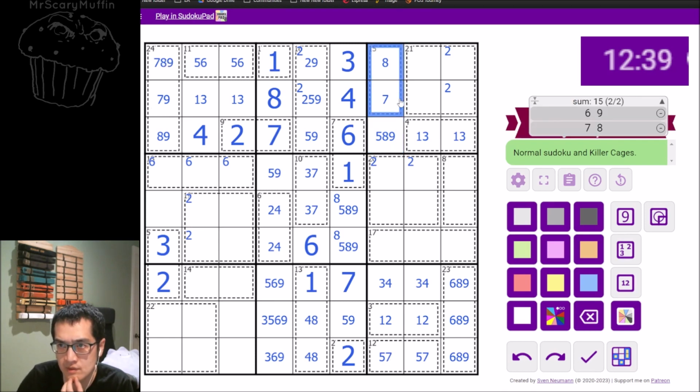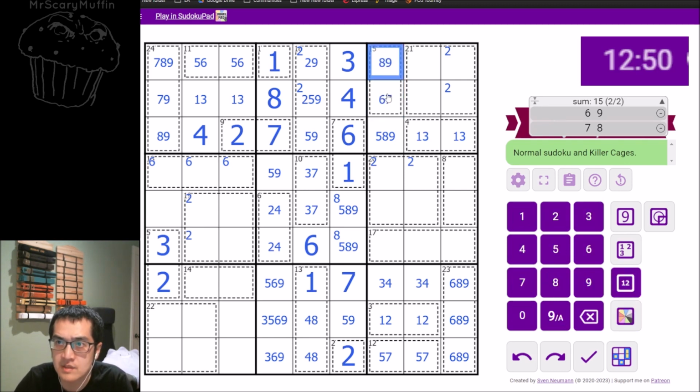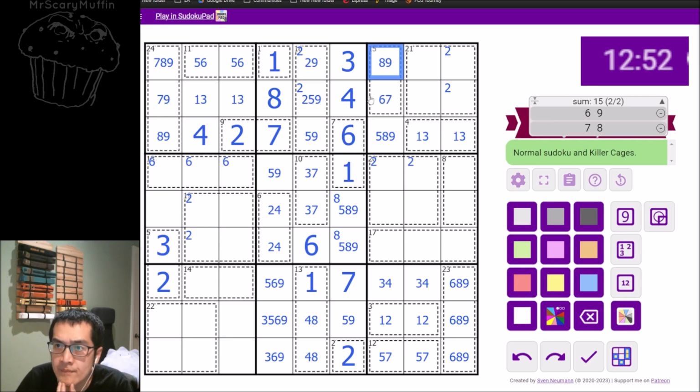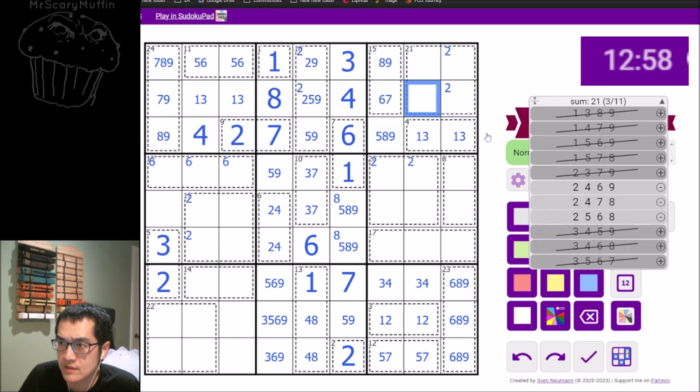Okay, and if this was, so this would become 9. And then the other case is a 6, 9. Okay, wait, so this could either be like this or like this. Okay. Those reduce our candidates a little bit, and 6s are relegated here. Do we need to have a 6 in here? We don't. We put a 7 in there.